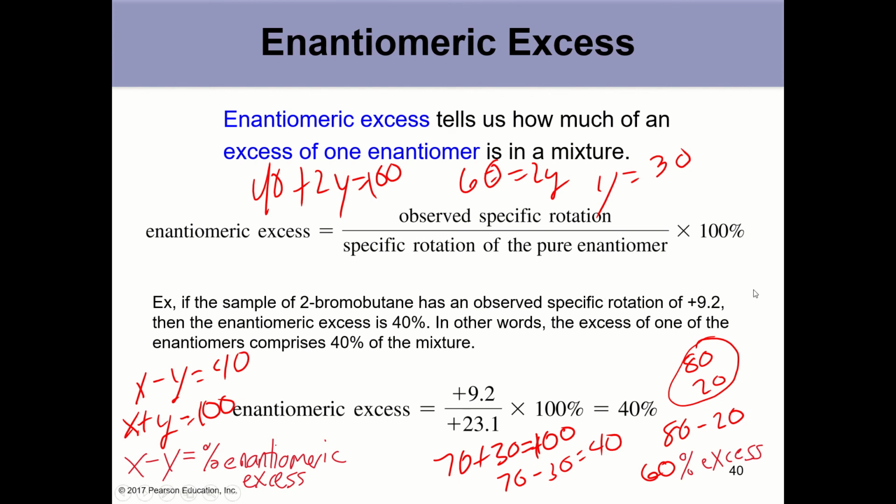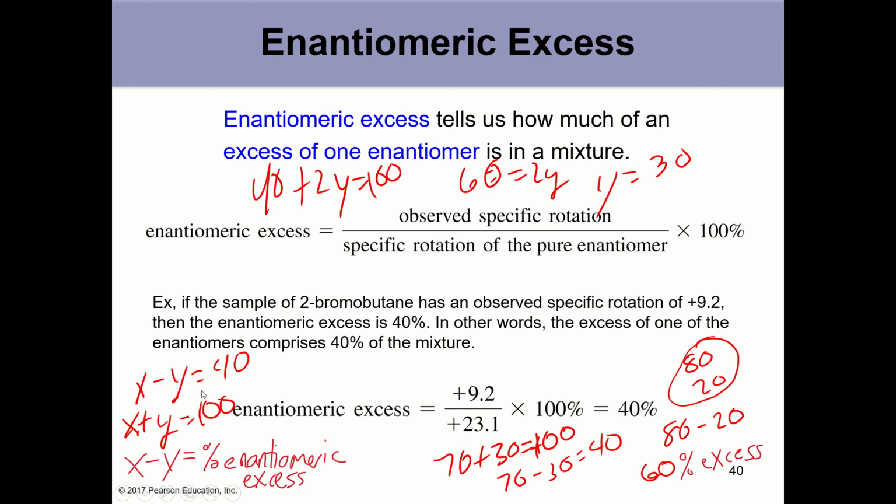So the observed specific rotation of 2-bromobutane is 9.2, and the specific rotation of the pure enantiomer is 23.1. We don't actually know the value 23.1, but the value 40% we can use to get how much of R and how much of S are actually present.